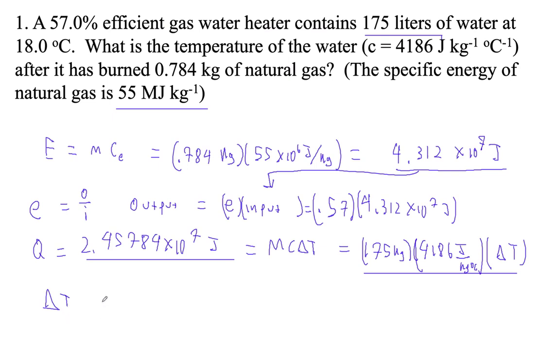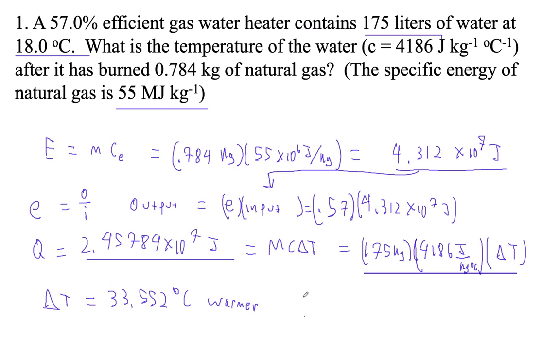And I get that the temperature change is roughly 33.552 degrees Celsius. And it's going to be that much warmer, right? Because we're adding heat to the water. So it started out at 18 degrees Celsius.